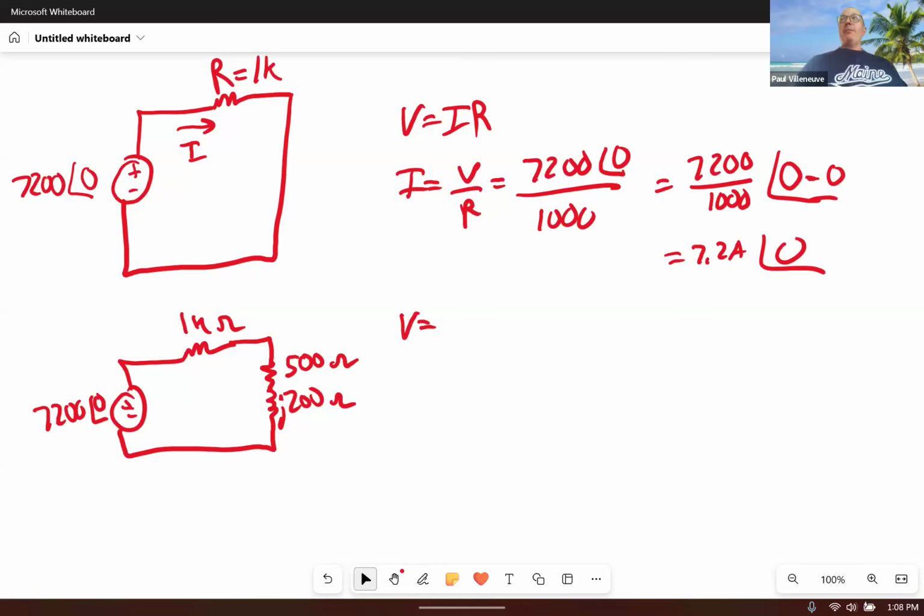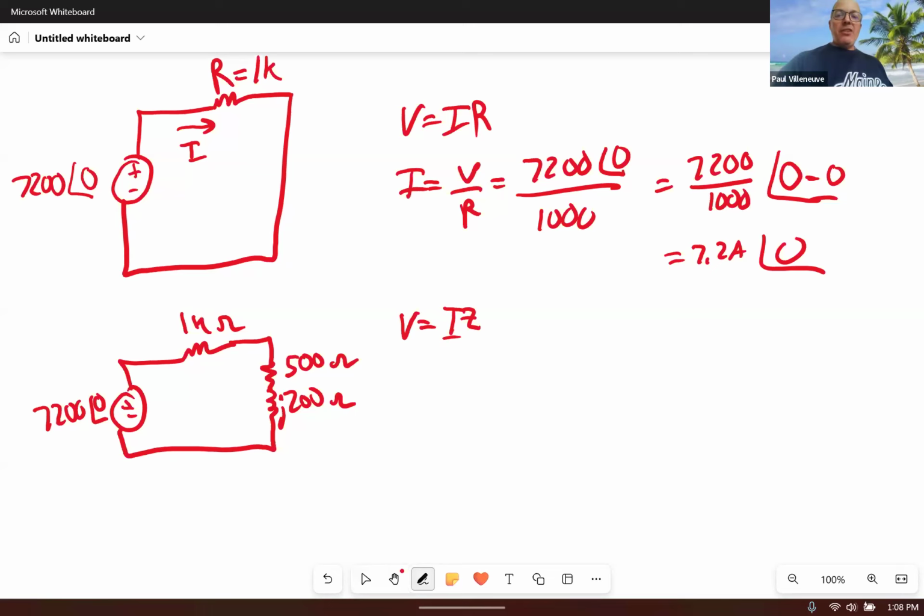Remember how I called it I times R? In circuit analysis, we don't call it I times R. We call it I times Z, where Z is now called impedance. It's not called resistance. It's called impedance. Okay.